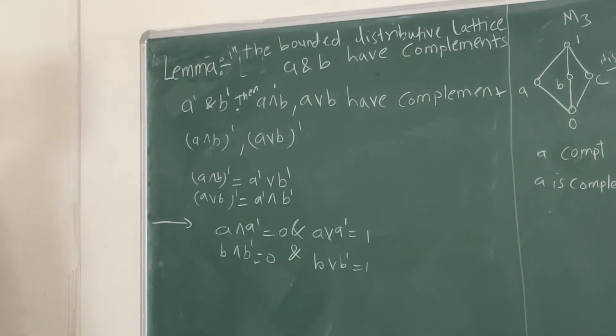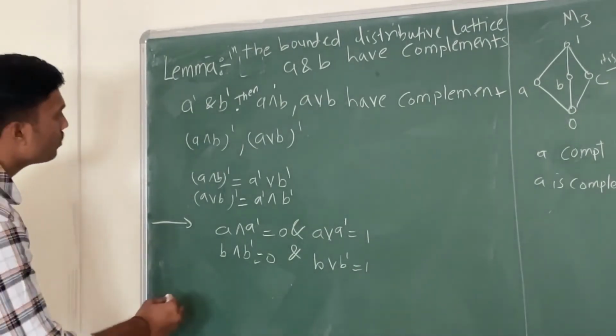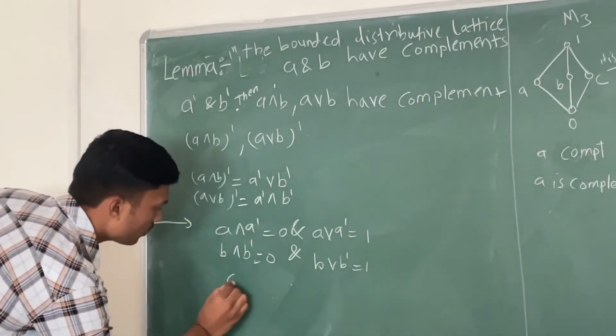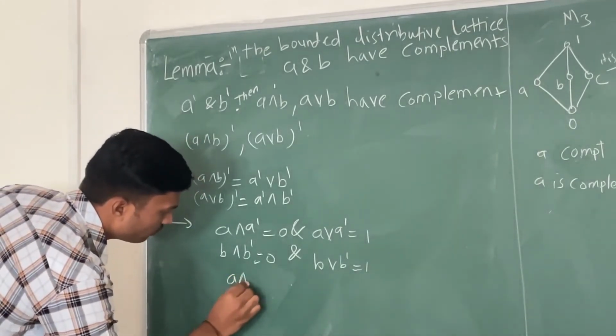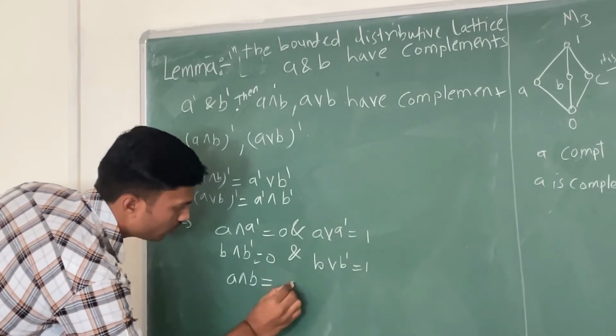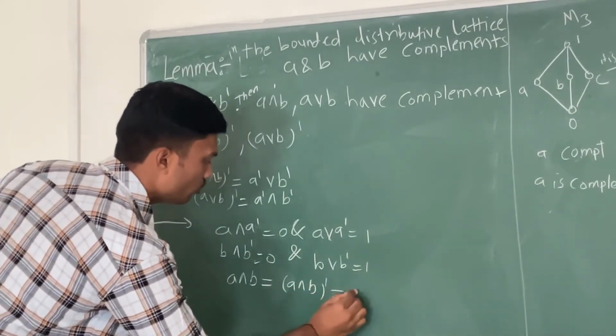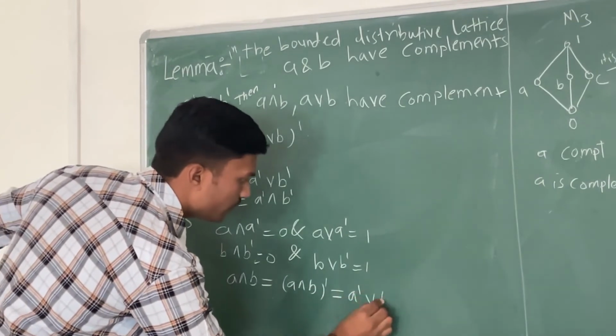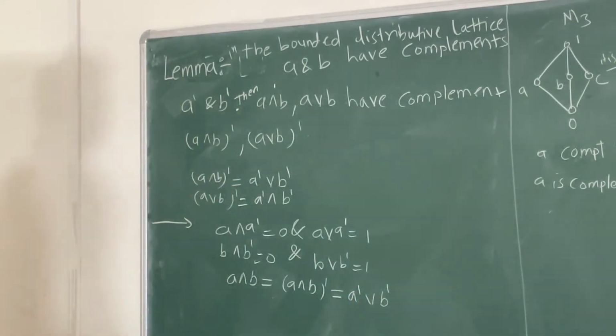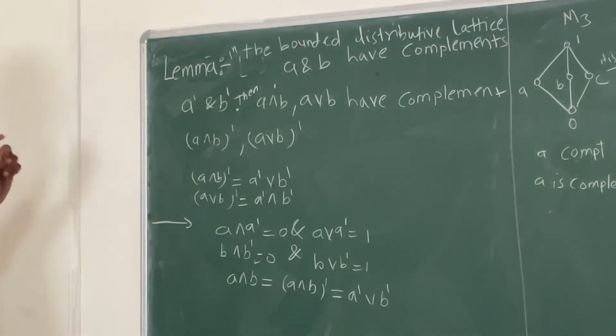And what is our claim? Our claim is that the complement of A meet B is A meet B dash, that is equal to A dash join B dash. If we prove for this, then we can obviously say that this is same for join also.